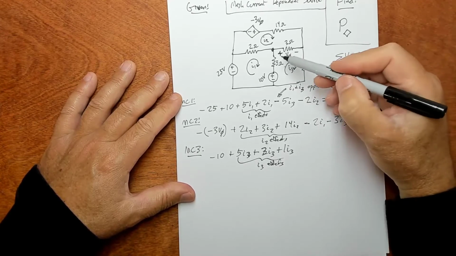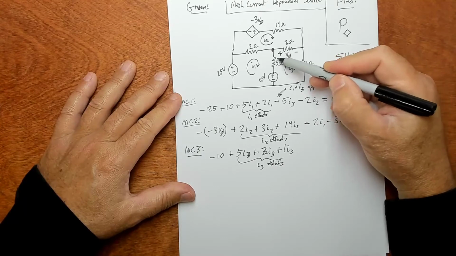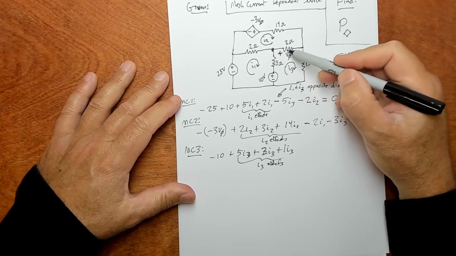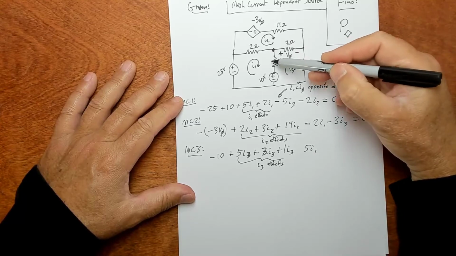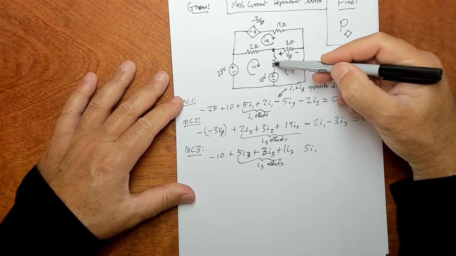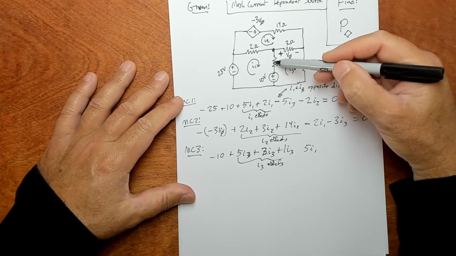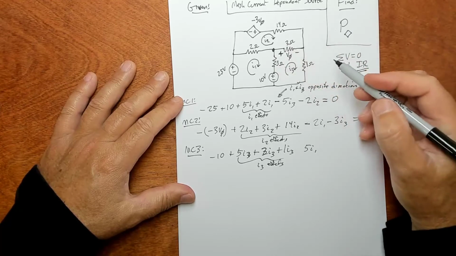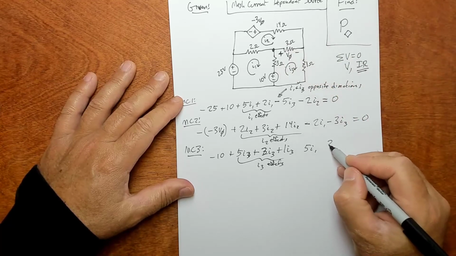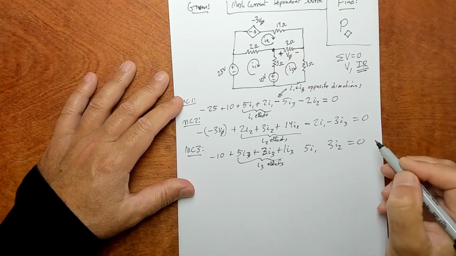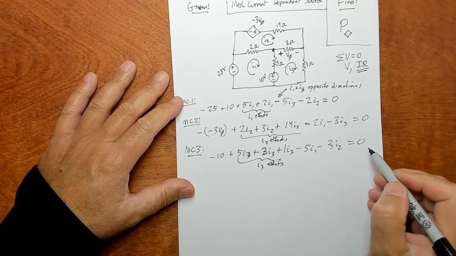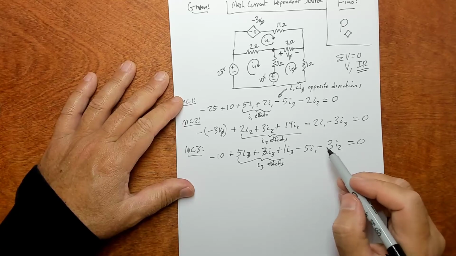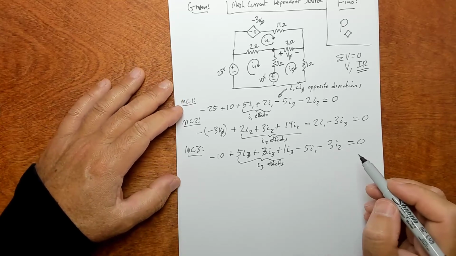Then these two components are shared with other loops. So it's going to be 5I1. That's the voltage due to this I1 across the 5 ohm resistor. And you got a 3I2. And they happen to work out to be negative because the currents disagree in direction.